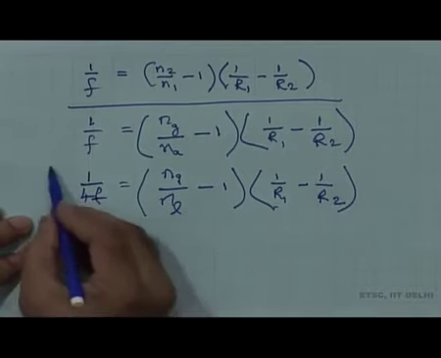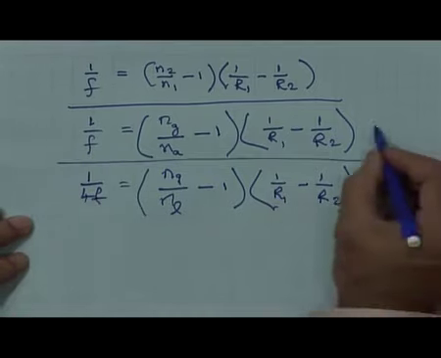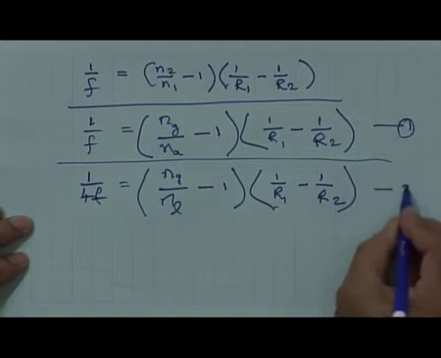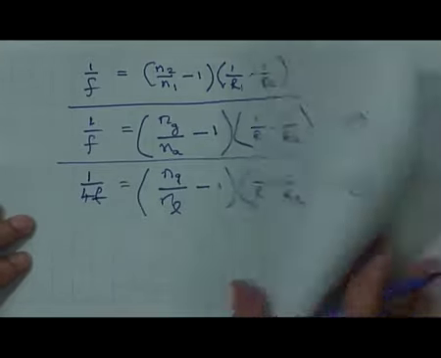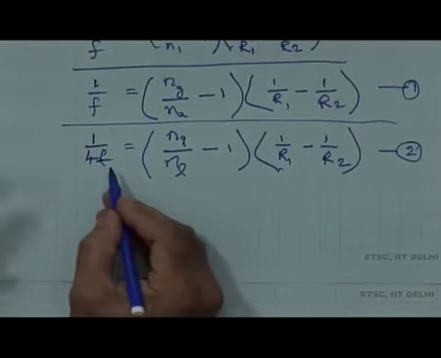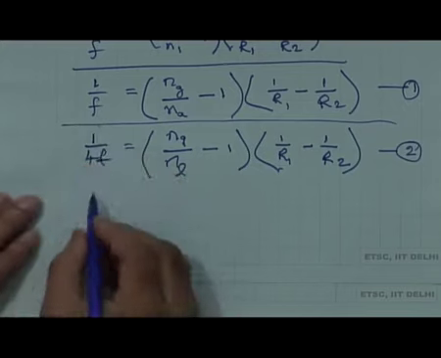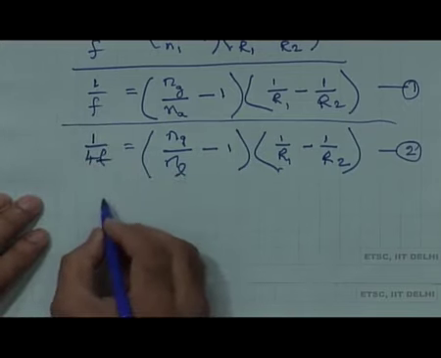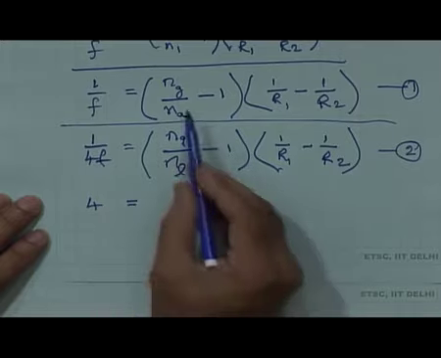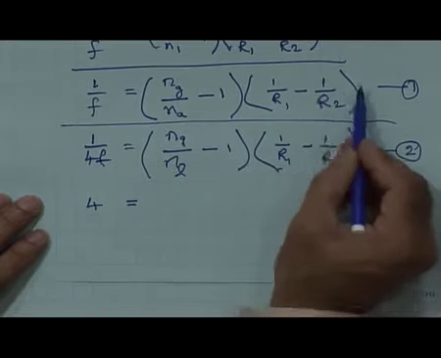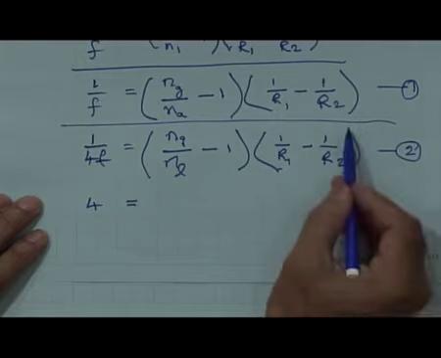So, very simple, we simply divide. If I call this equation 1 and equation 2, if we divide 1 by 2, then f cancels, and we have 4 going upward. So, we have 4 is equal to, these terms cancel, this bracket completely cancels with this.